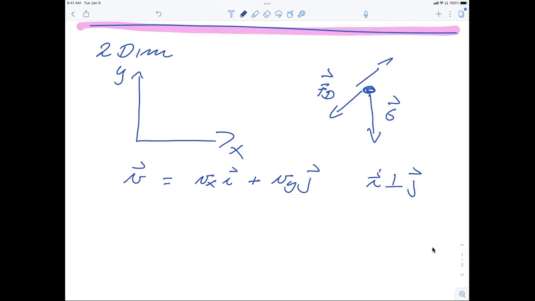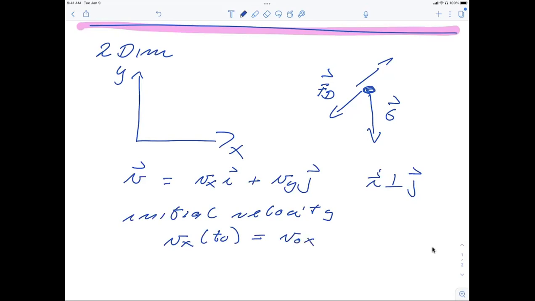So we need an initial velocity. We need to specify that, and we need an initial position. The initial velocity we are going to write in a more compact way, like v_0x, and then we do the same with the y component. So it has a velocity in the x and the y direction, and we simply call this v_0y.